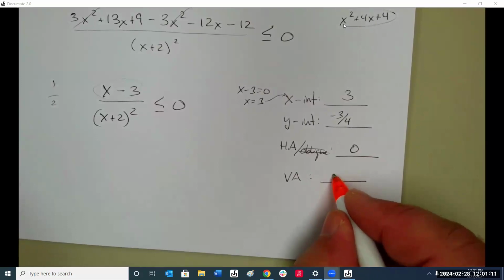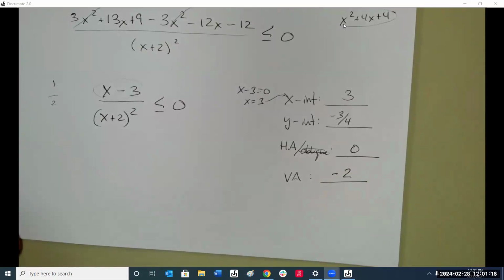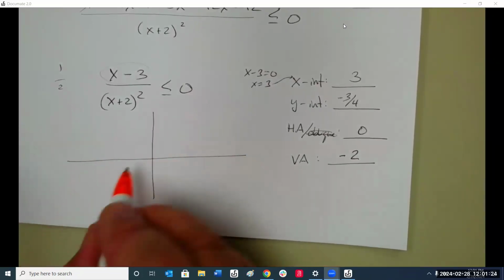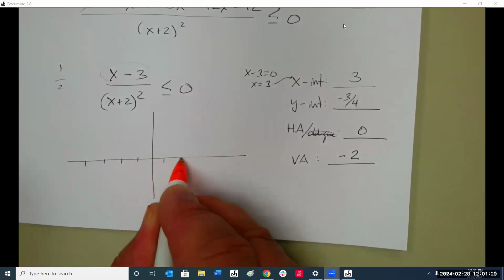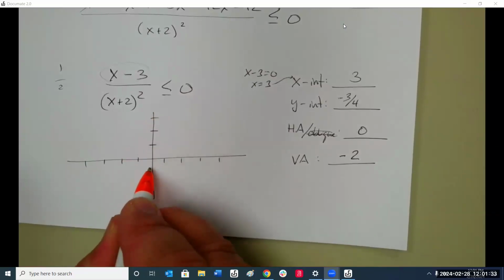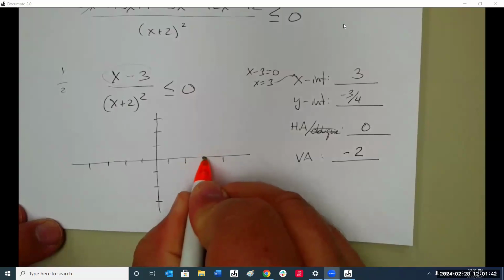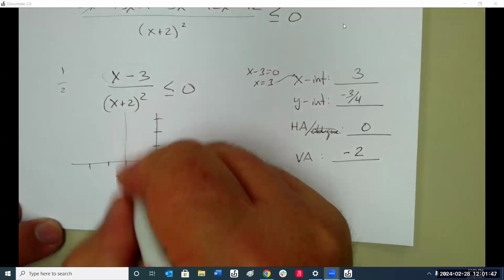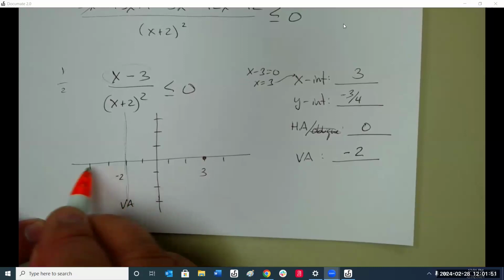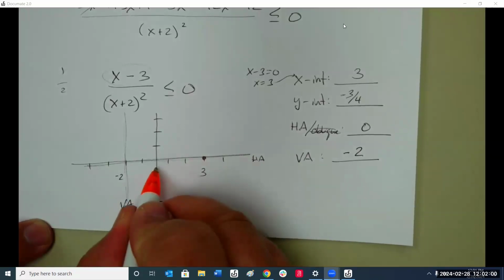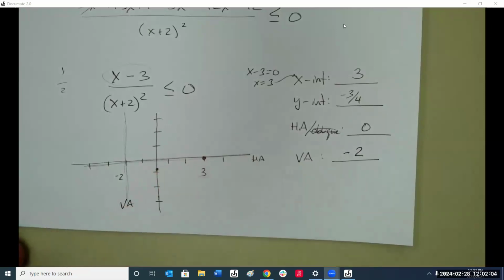Vertical asymptote? So those are all the points I have.